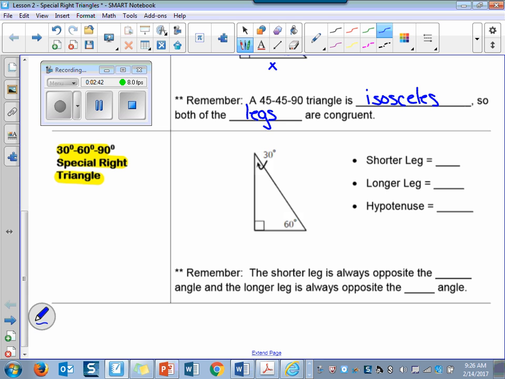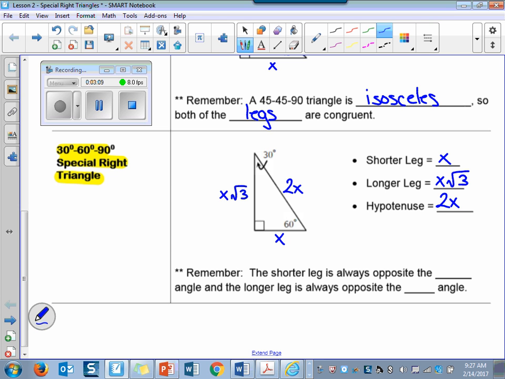Remember from the hinge theorem in your triangle inequalities unit that the shortest leg is opposite the smallest angle. So it's opposite the 30-degree angle. The hypotenuse is simply twice the short leg. It's the longer leg that's a little more interesting. That is the short leg times the square root of 3.